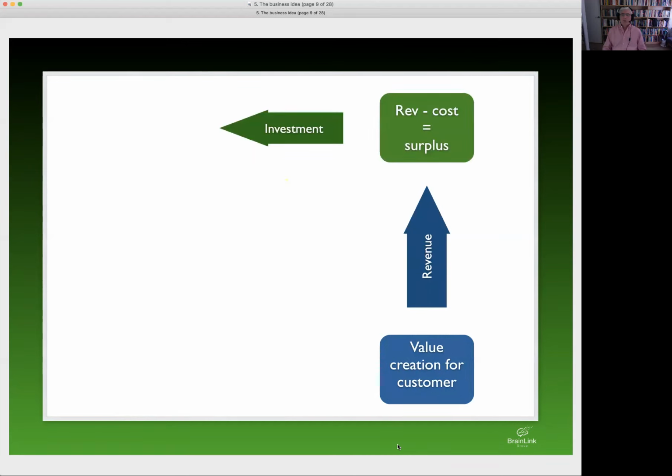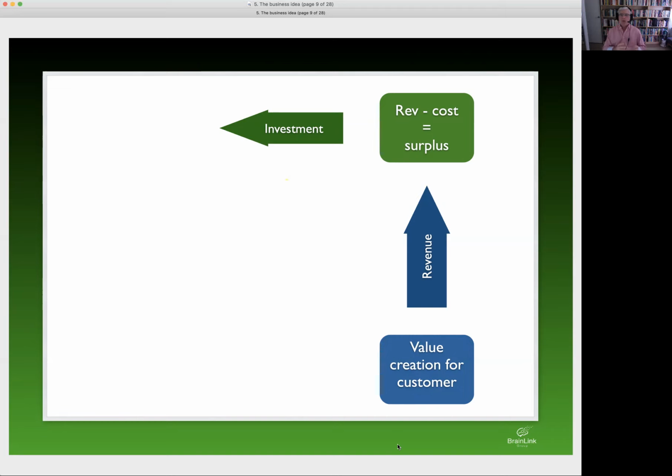Now, your revenue minus your costs of running the enterprise, of running the business, of running the organization will generate a surplus. That's an economic term, the surplus, but you might know it by the term profit as well. But again, the concept in the public sector is that we don't have a profit, but nonetheless, there is a difference between the revenue you derive or the budget you get and the costs you have to undertake to run that enterprise.